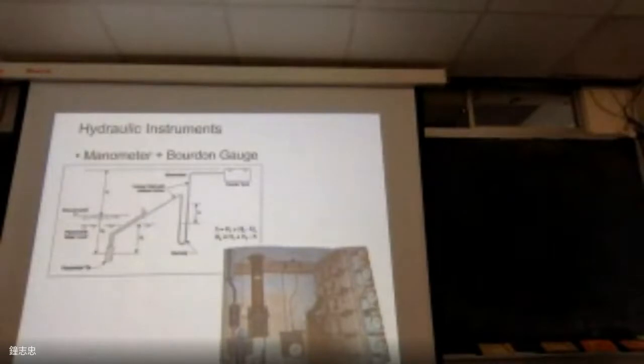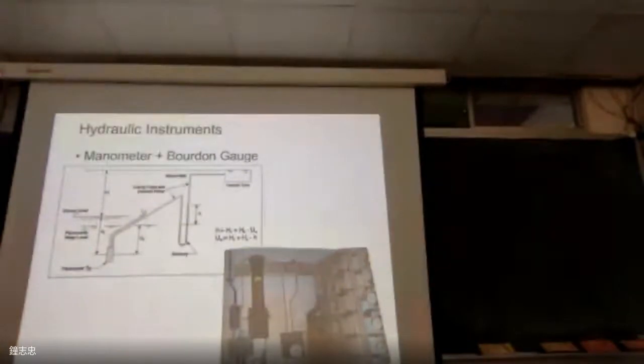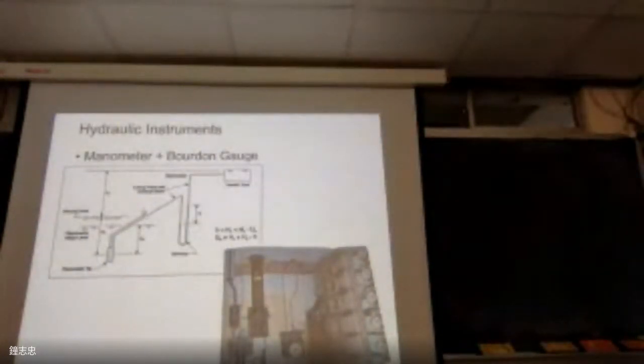So for the normal situation, you will find the H1 will have the highest water pressure, and the H2 similar, because it's still in a shear layer. But in the H3 location, you can find it should be a very low water pressure head.